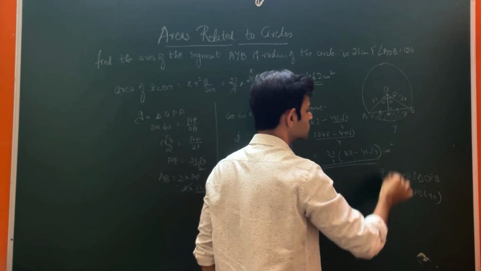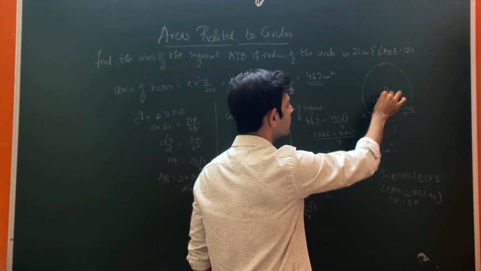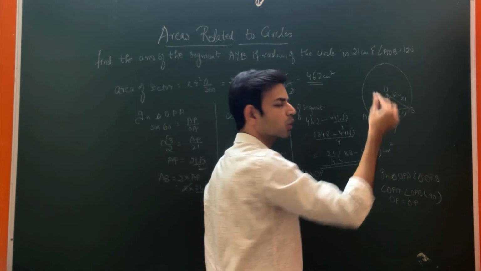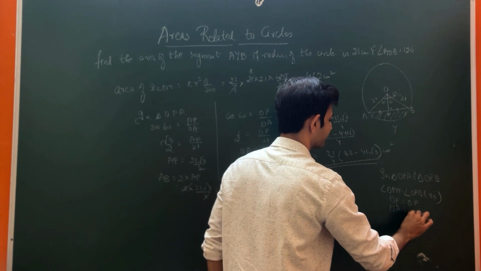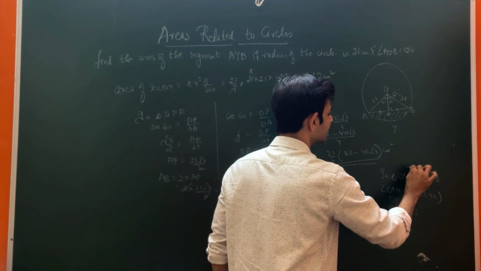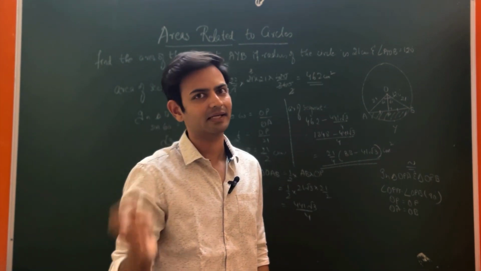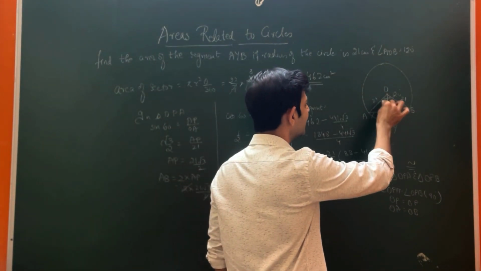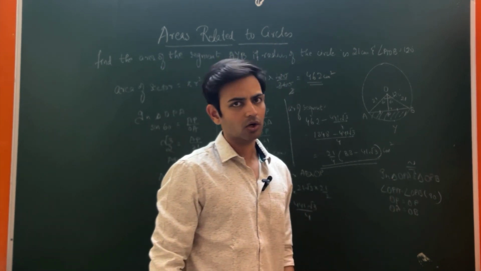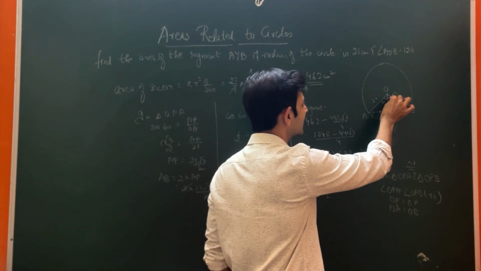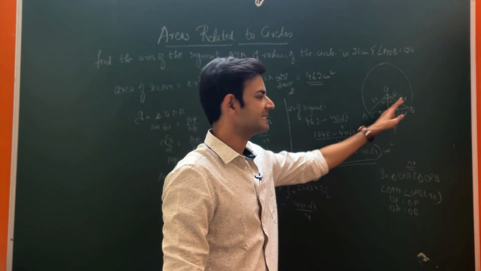OP is equal to OP, that is common, and OA is equal to OB because they are radii. So we can say these triangles are congruent by right angle hypotenuse side congruency, RHS. So by RHS congruency, triangles are congruent, which means these two angles will be equal. So this 120 can be divided as 60 and 60.